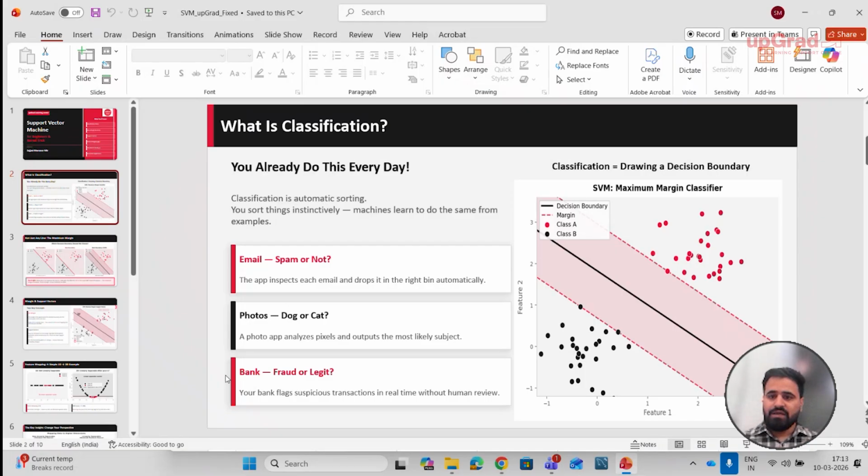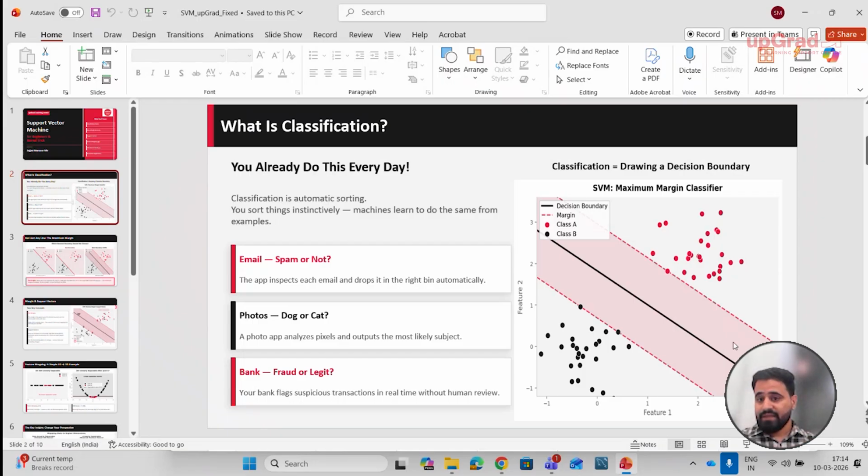If I say what classification is, it is simply that we have to draw a certain boundary, a decision boundary. Here we have an example with two different classes. You can see class A, the red dots, and class B, the black dots. What we want to do is separate them so that we can achieve the classification.